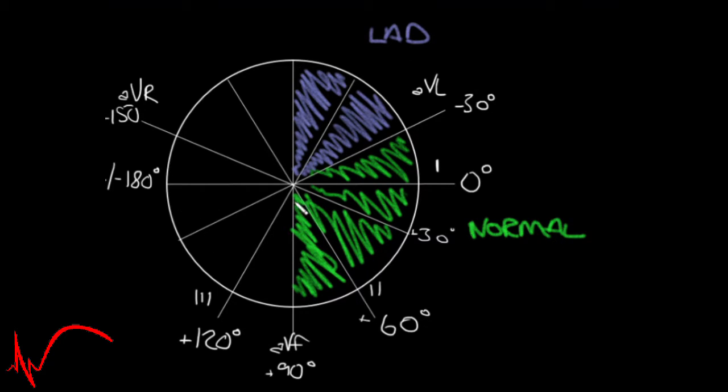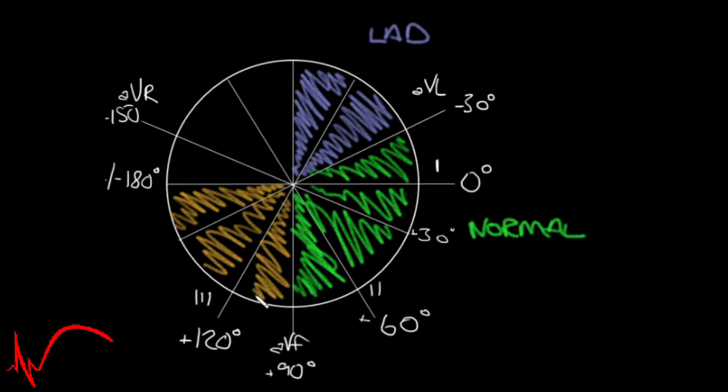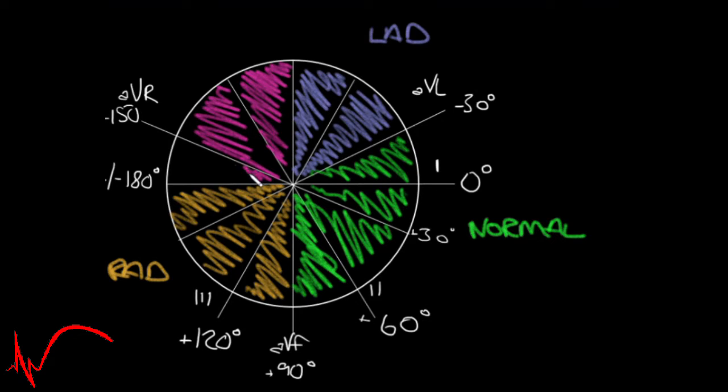From ±180 back around to AVF at +90, we have our right axis deviation area, and finally the remainder from -90 through AVR to ±180 is our extreme axis deviation, or far axis deviation.